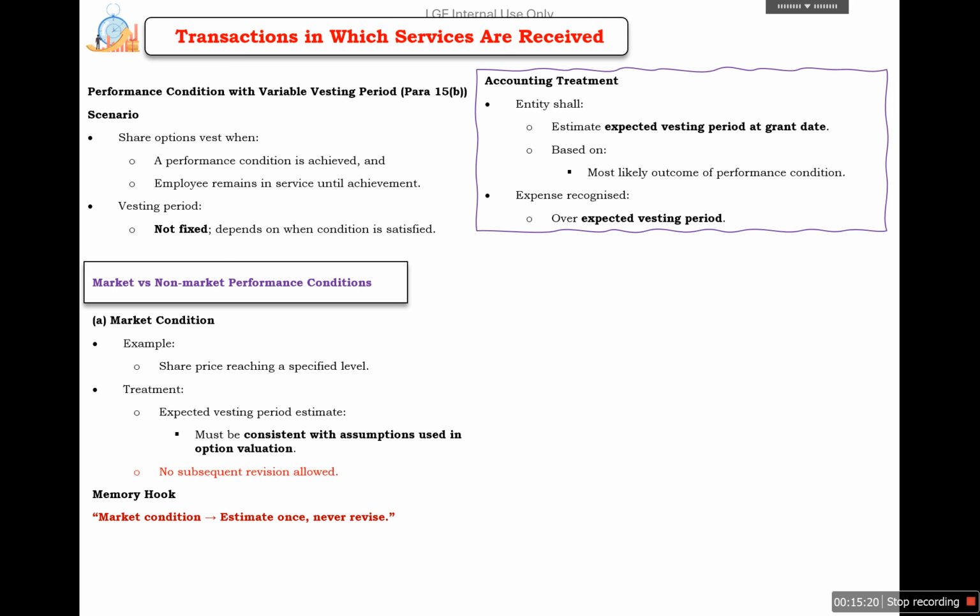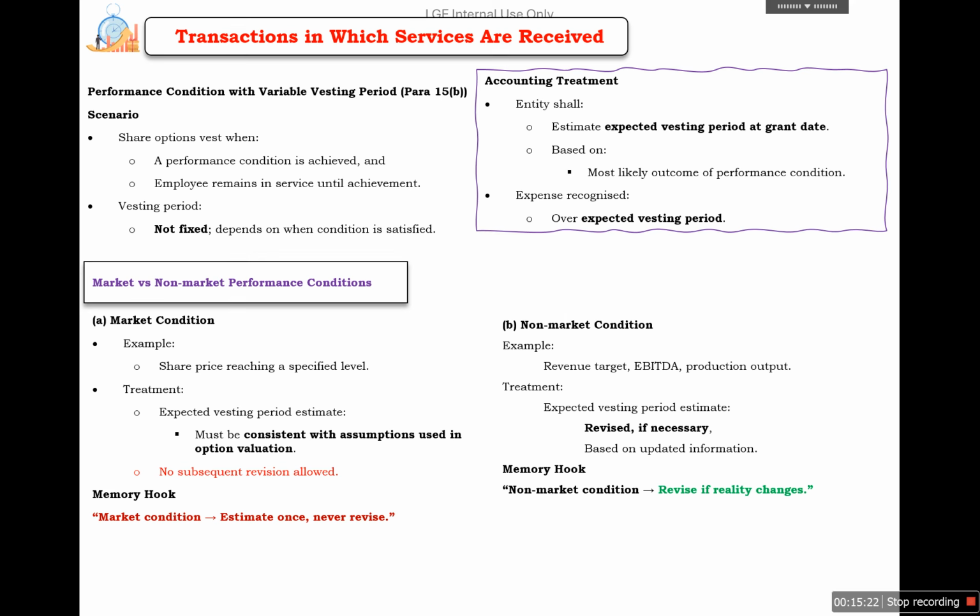But in case of non-market conditions, for example revenue targets and production output, we need to estimate the expected vesting period and revise it if necessary. In case of a market condition, revision is not allowed.